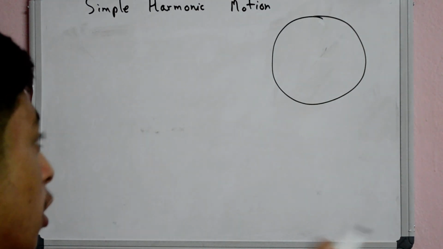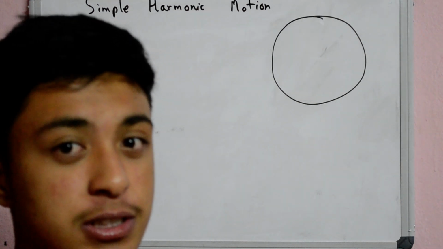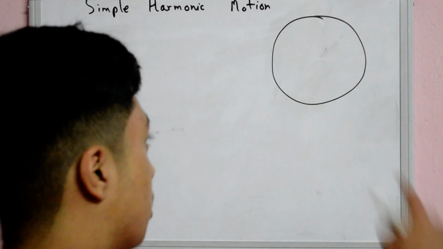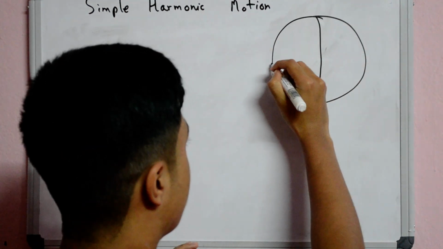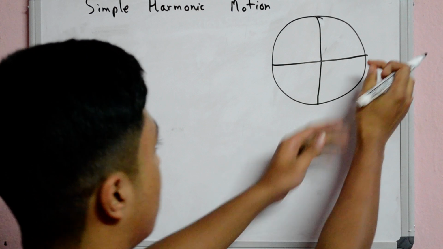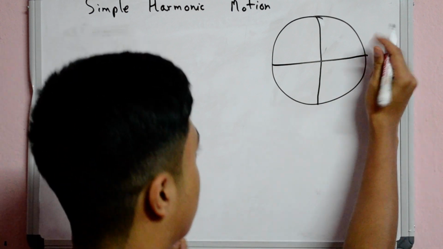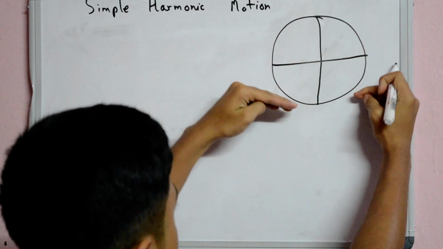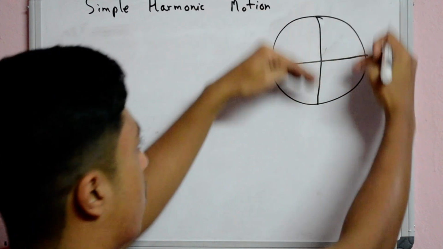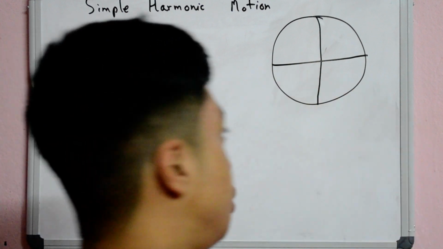But the foot of the perpendicular itself is in simple harmonic motion, because if the body goes like this and we have an axis around the middle right here, the foot of the perpendicular goes up to here, then down, then up, down, which is simple harmonic motion.